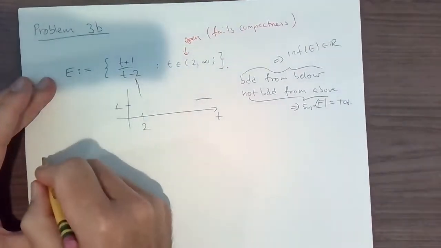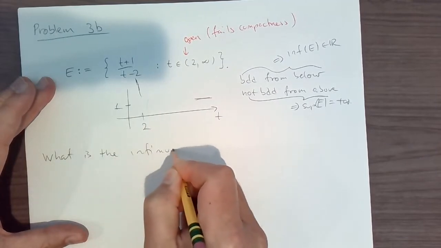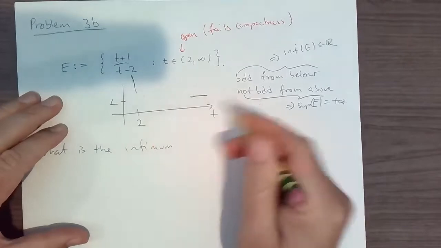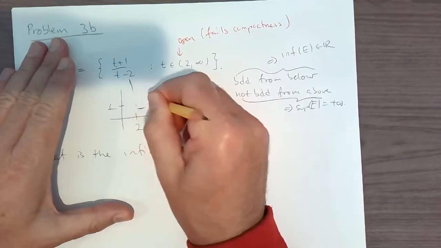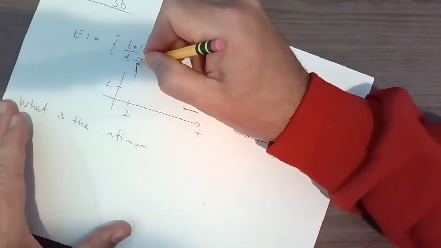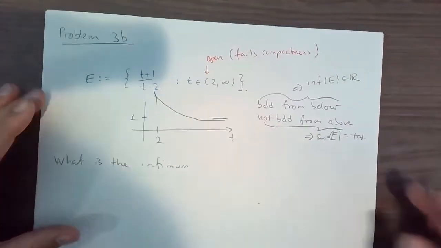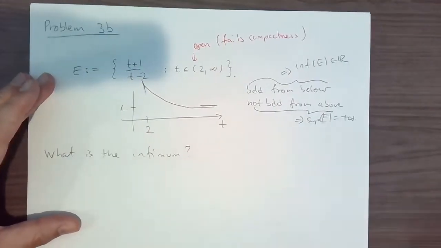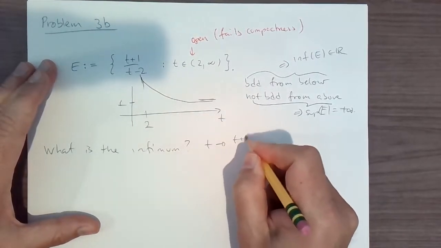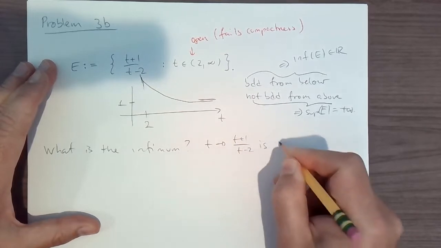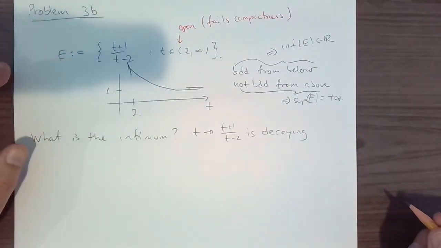And so what is the infimum? Well, to figure that out, now we have to fill in what the function looks like. Try to plot the function, and the function (t+1)/(t-2) is decaying.